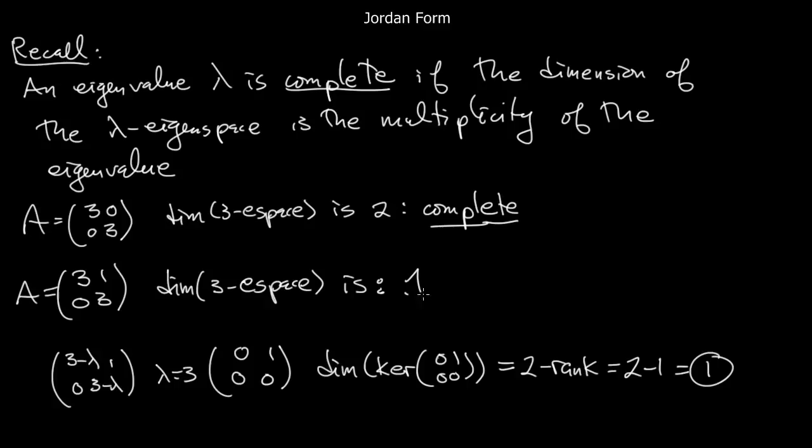And that's the problem. So this is not complete. That's what distinguishes these two cases, and the way you tell them apart is by looking at the dimension of the eigenspace, or equivalently the dimension of the kernel, after you've subtracted lambda from the diagonal.